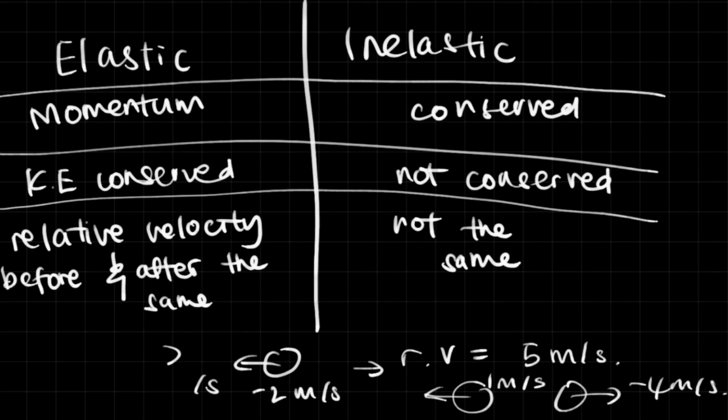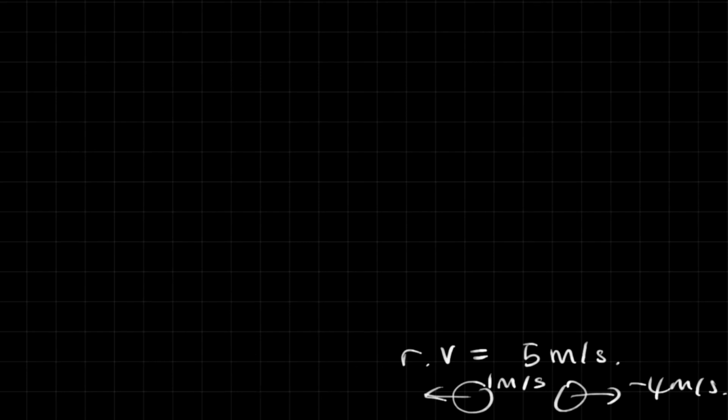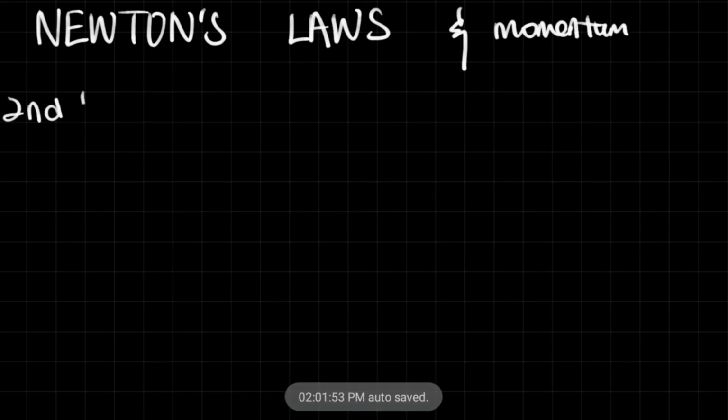For example, if these two balls have a relative speed of 5 meters per second, after the collision it should also have the exact same relative speed, although it might have a different distribution of it. Now we can link Newton's 3 laws of motion and momentum together.